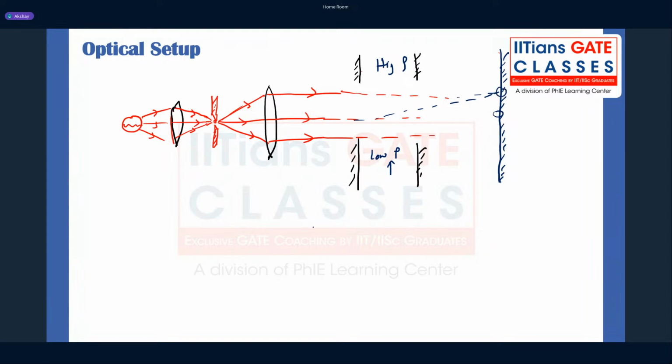Say if I have a wedge, this is a simple shadow graph technique, nothing else. So we are using just the light source, making it parallel and recording it. Got it? So this is how the conventional shadow graph setup looks like.